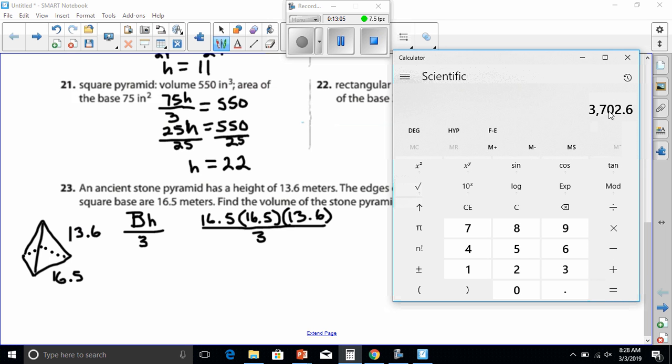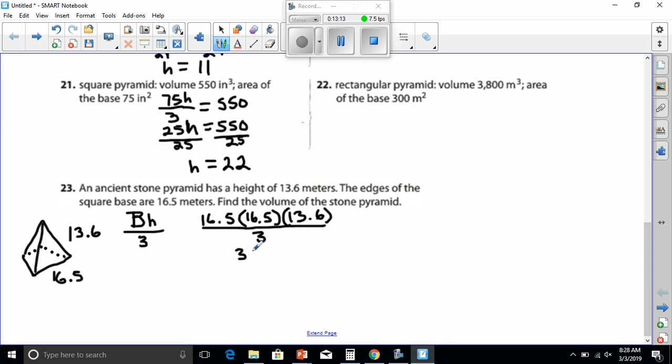That's going to give us 3,702.6. And we're going to have to divide all that by 3 to get our answer.